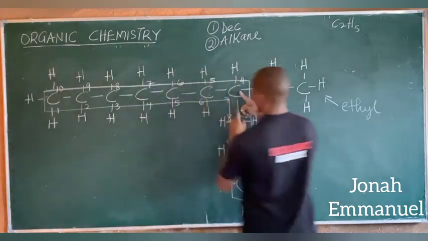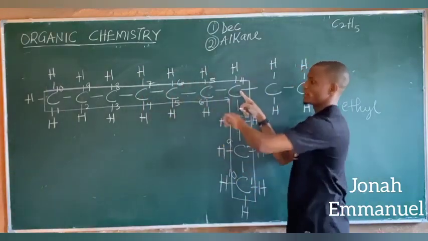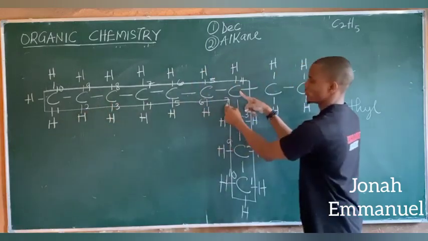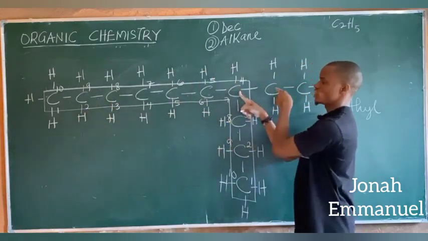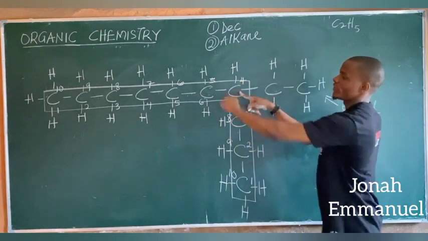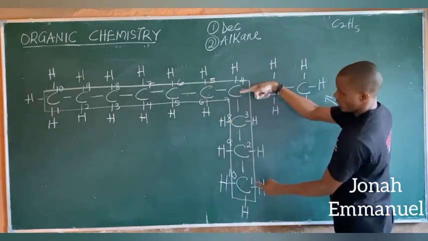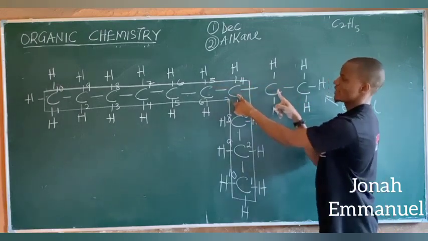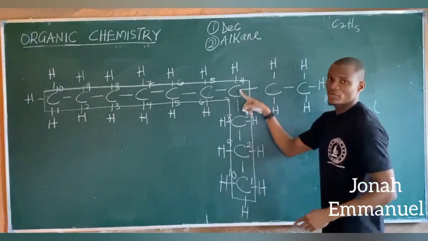If I look at this carbon very well, if I follow my lower numbering here, from lower numbering I'm having 1, 2, 3, 4, 5, 6, 7. So from lower numbering now, the substituent is attached to carbon 7. If I follow upper numbering, I'm having 1, 2, 3, 4. From upper numbering, the substituent is attached to carbon 4, and we said we take what there?